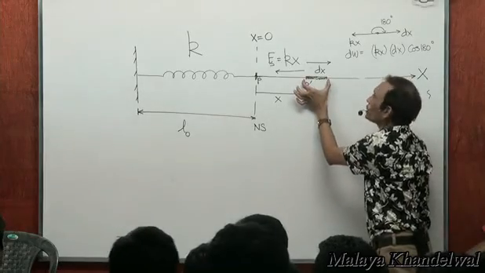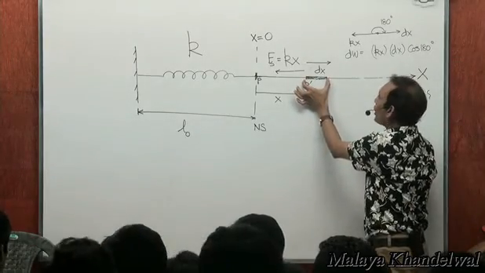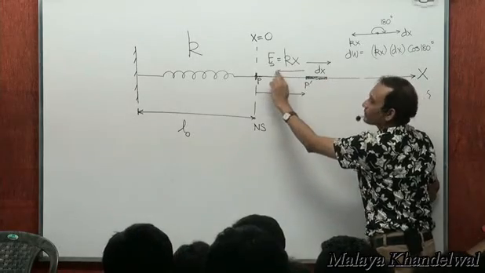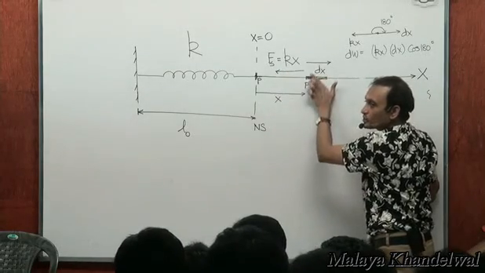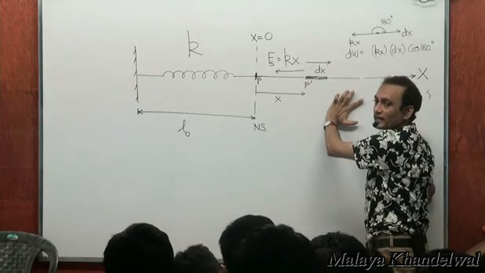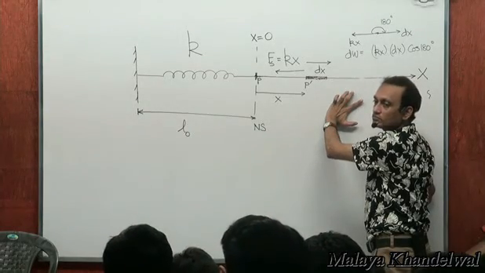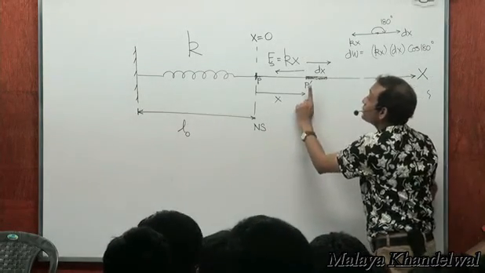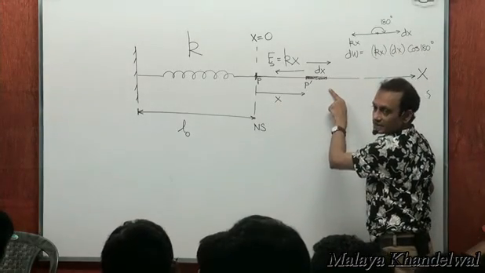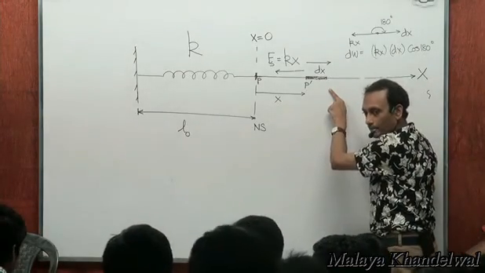For a further elongation of dx, the small amount of work done would be the force at this point into the displacement corresponding to this point into cos 180 degrees, yes or no? That's the work done to enable a further displacement dx, right?